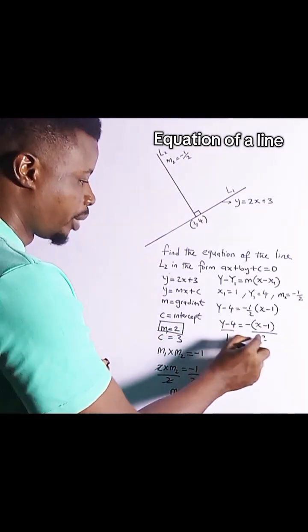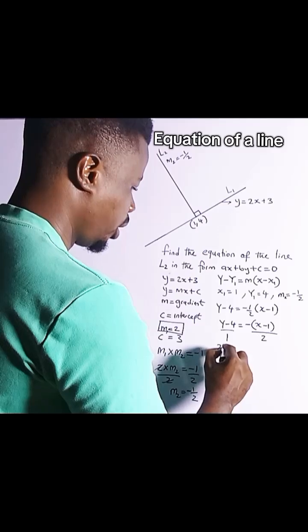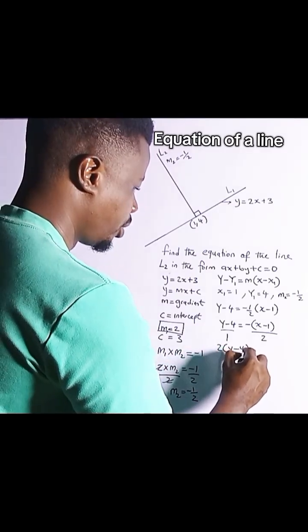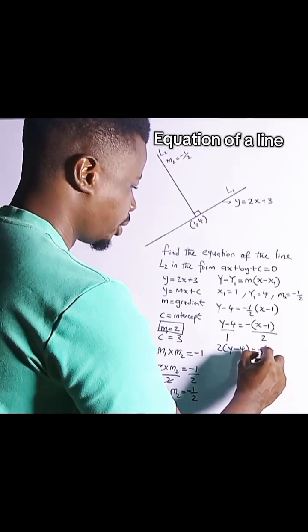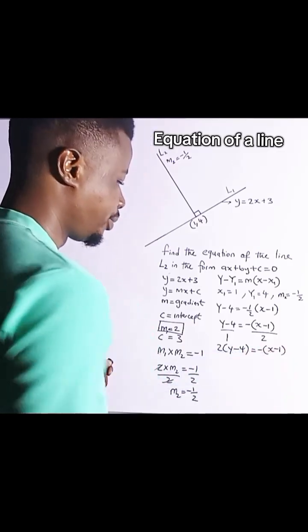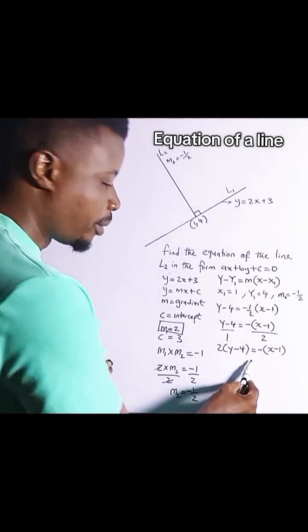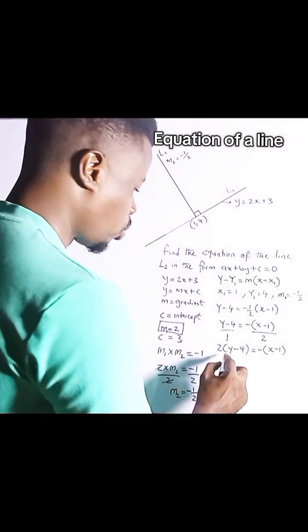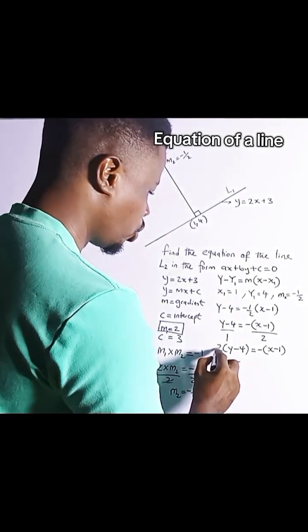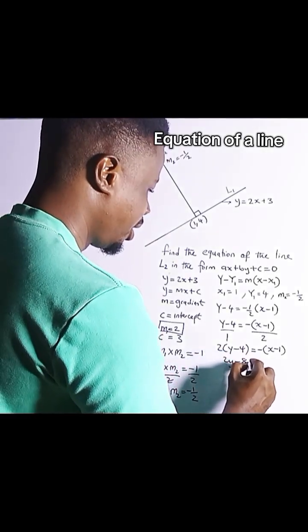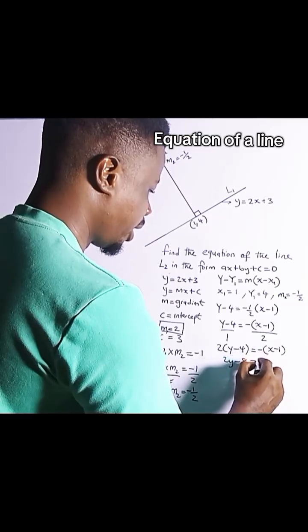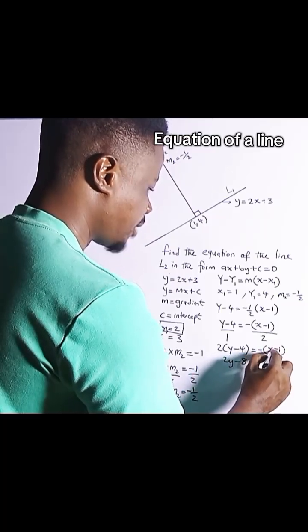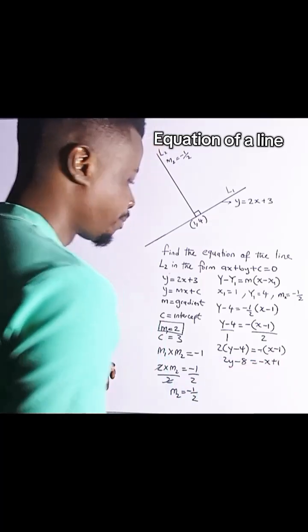Then you can cross multiply. So you have 2 times (y minus 4) equals minus (x minus 1). When you expand the bracket, what do you have? 2y minus 8 equals minus x plus 1.